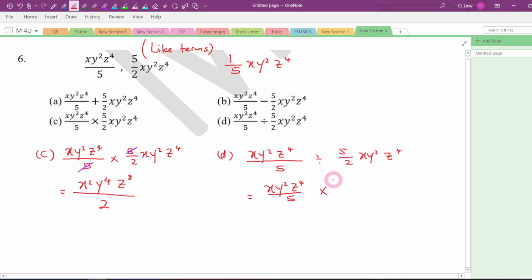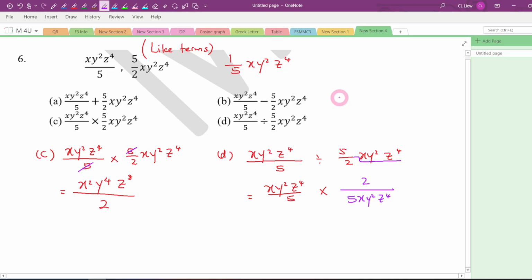I need to flip over the numerator and denominator. So remember what I told you just now: right in the middle is actually the same thing as right at the top. So you need to think this way. When you flip over the numerator and denominator, this one will go down, 5 x y squared z power 4, and 2 goes up.